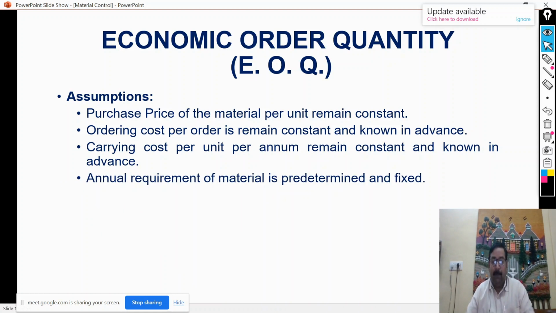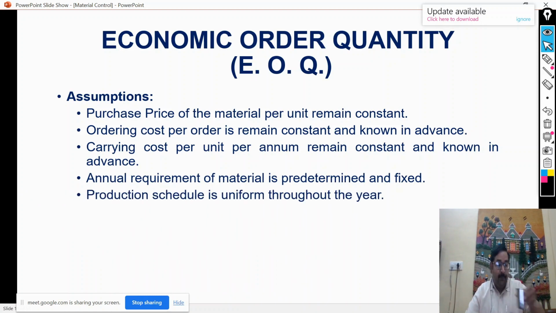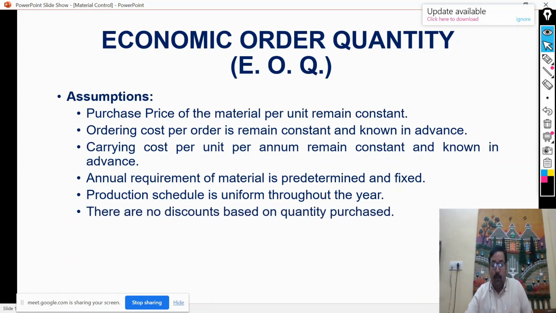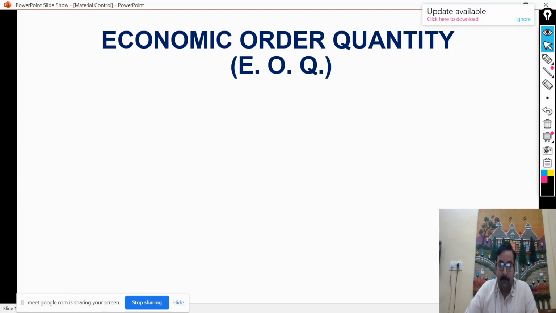Annual requirement of material is predetermined and fixed. Production schedule is uniform throughout the year. There is no discount based on quantity purchased, meaning no discount is available whether you purchase a single quantity, 100 quantity or 1000 quantity.